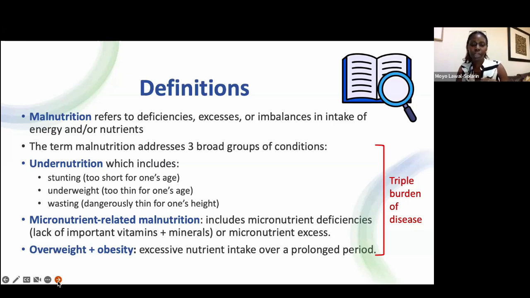Micronutrient-related malnutrition includes micronutrient deficiencies or micronutrient excesses, which is more rare. And being overweight and obese is having excessive nutrient intake over a prolonged period of time. These three things represent the triple burden of disease when we think about malnutrition.